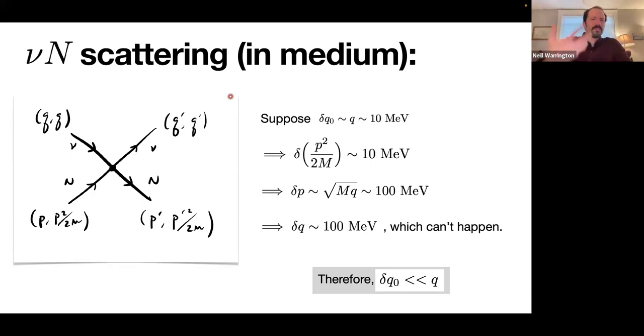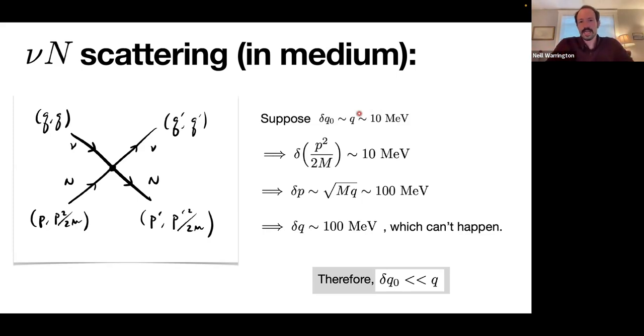We're going to do this by contradiction. Suppose that scattering is elastic, and then we're going to run into a contradiction, and we'll therefore conclude that the scattering cannot be elastic. Suppose that the energy transfer of the neutrino to the nucleon is roughly of the size of its momentum, which is 10 MeV. This is not a crazy estimate. It has 10 MeV to give up.